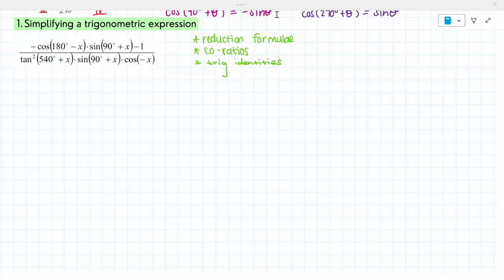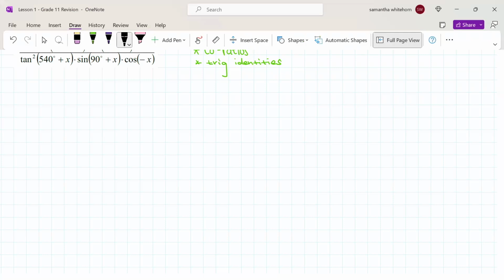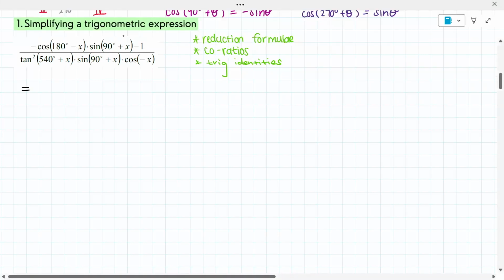Right, so all of this stuff we're going to have to deal with as we move along in this trig expression. Now, grade 12s, you do it step by step. So you look at the first factor, you deal with it. You move on to the second factor, etc. So my first factor is this one over here, this negative cos of 180 minus x.